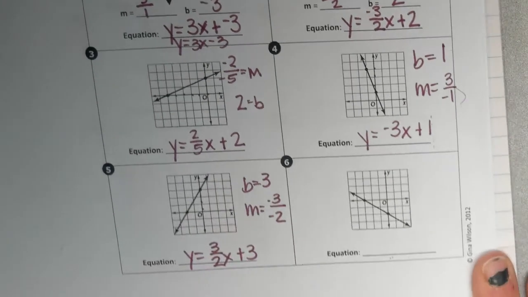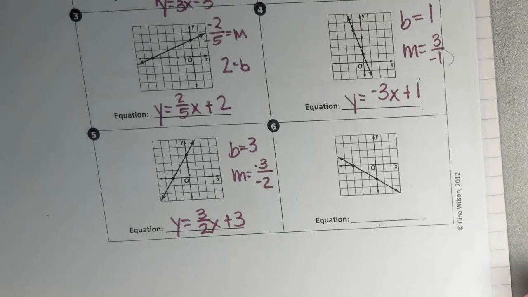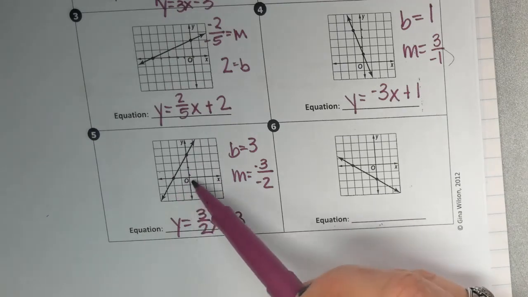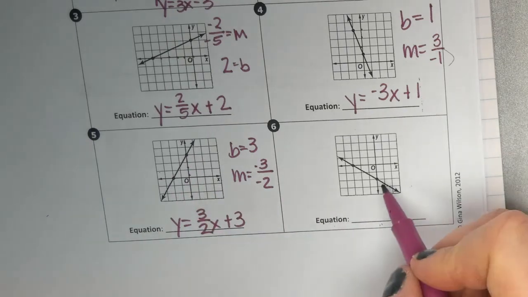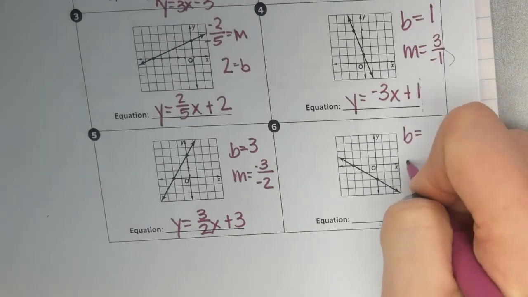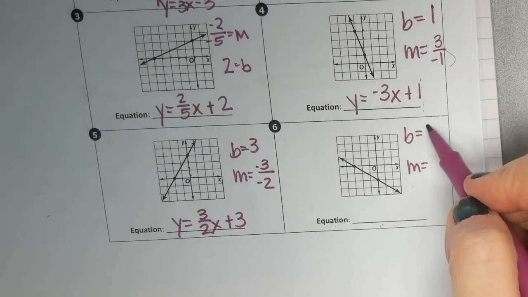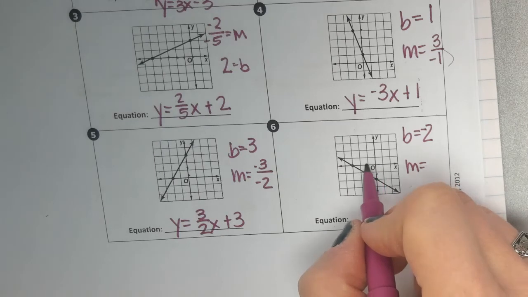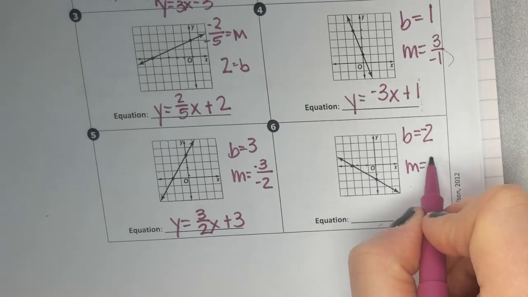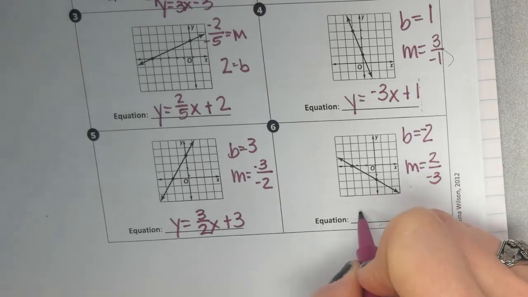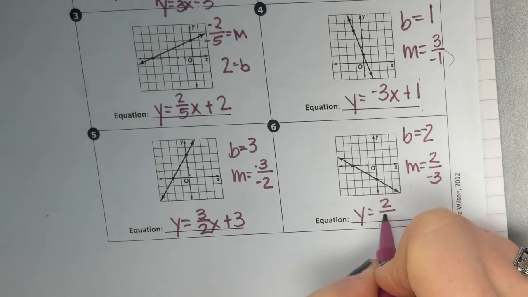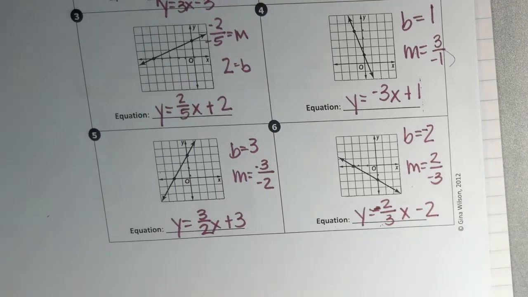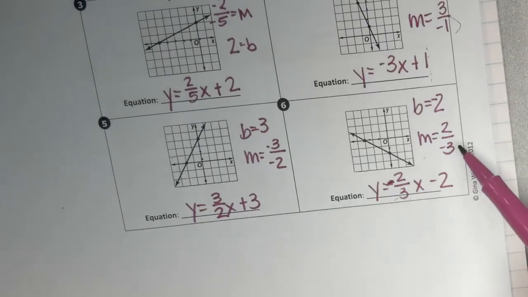All right, how'd you do there? You good? Remember, start with the y-intercept and then go from there to the other dot. That will help you figure out what the slope is. So the last one here, on this one, you had a negative number on the bottom.